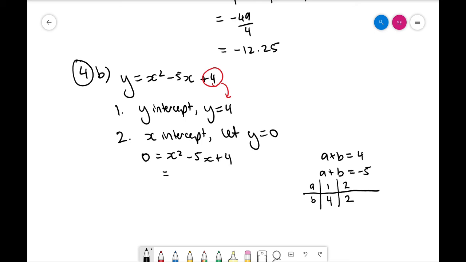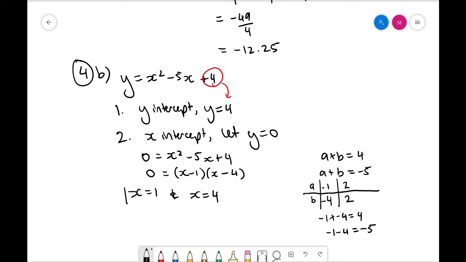Well, if we make this minus 1 and minus 4, we've got minus 1 times minus 4 is equal to 4, and minus 1 minus 4 is equal to minus 5. Cool. So we'll get x minus 1 and x minus 4. Okay, so that'll give us x is equal to 1 and x is equal to 4 as our two x-intercepts.